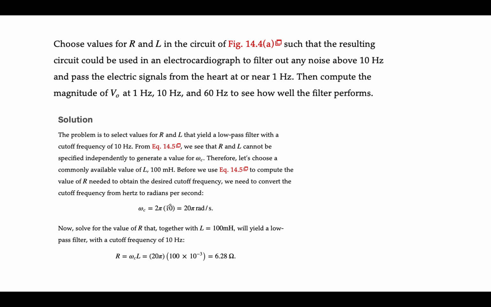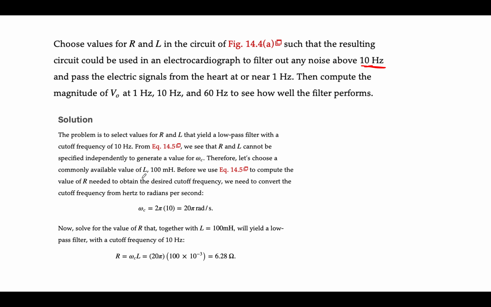If we work by designing our cutoff to be right at 10 hertz, the first thing we have to do before anything else is figure out what that is in radians per second. The next thing is that we're not given anything about our values of R and L; we're asked to choose those.